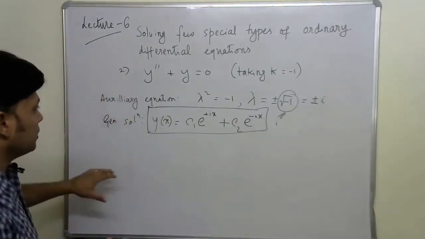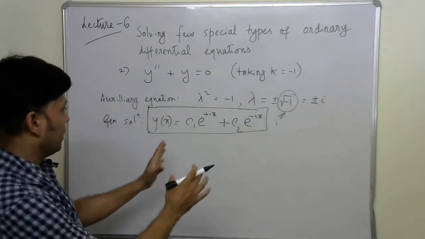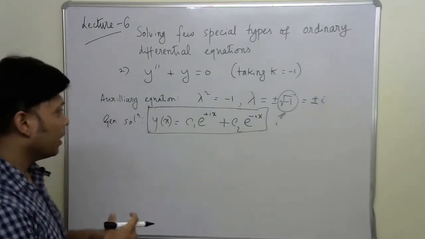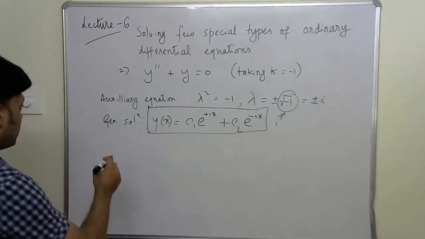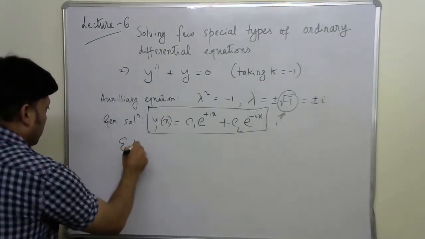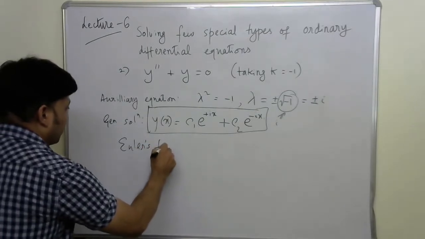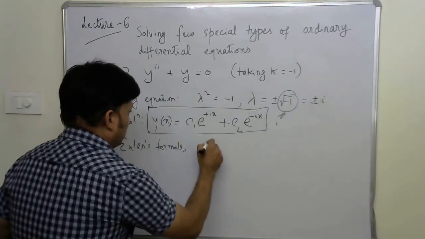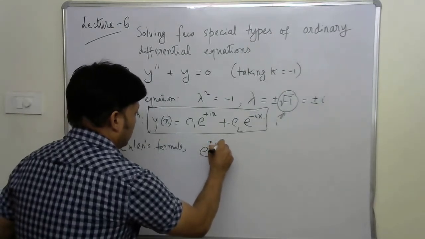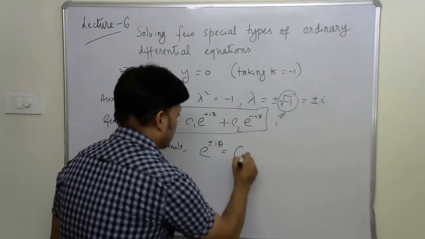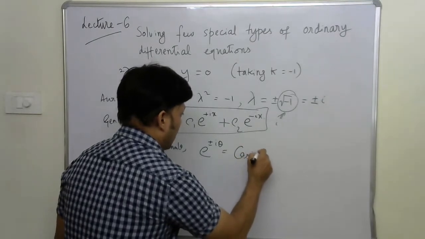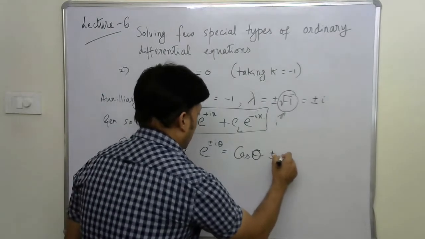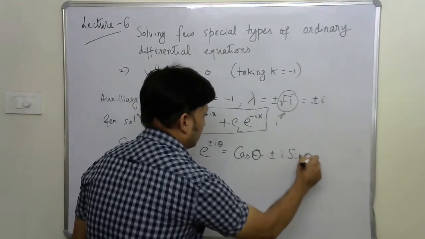Now the question is, can we write this expression in terms of something else? The reason I'm asking, because according to Euler's formula, e to the power of plus or minus i theta can be expressed as cos theta plus or minus i sine theta.